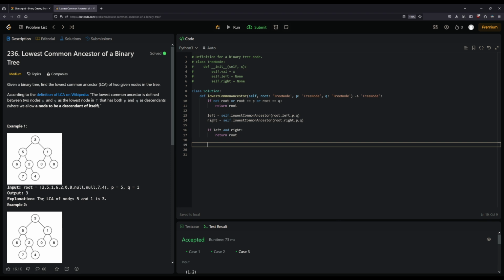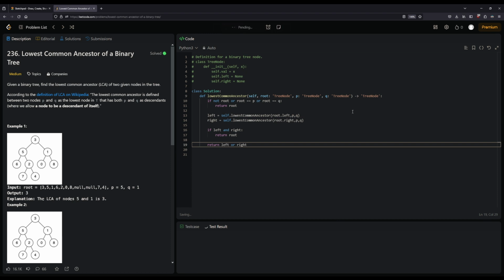Now, if I only have something to the left or I only have something to the right, what does that mean? Well, when I finally reach my root node, that means that one of the nodes, either P or Q, exists past the other one that we did find. So therefore, we're going to return the one that we did find as the parent for both of them. So return left or right.